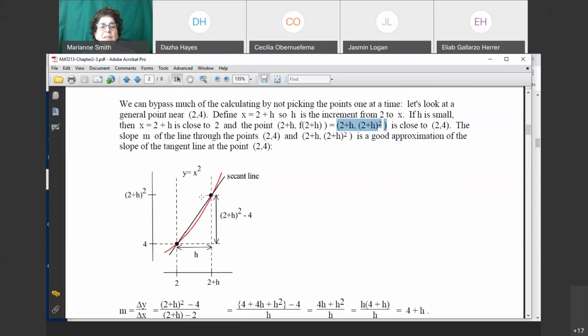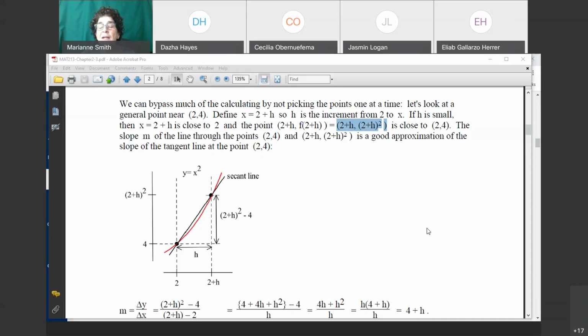I've still got a secant line, but I can shrink down this h. This point slides down here, and even this gets super small. So at least graphically, hopefully it makes sense.